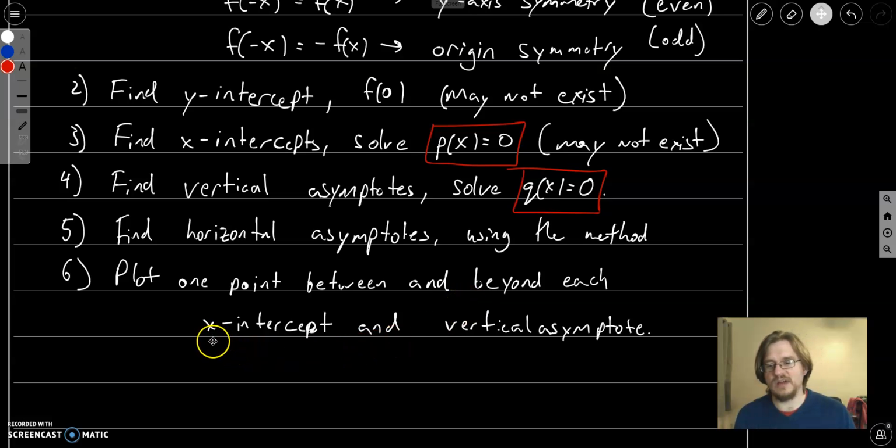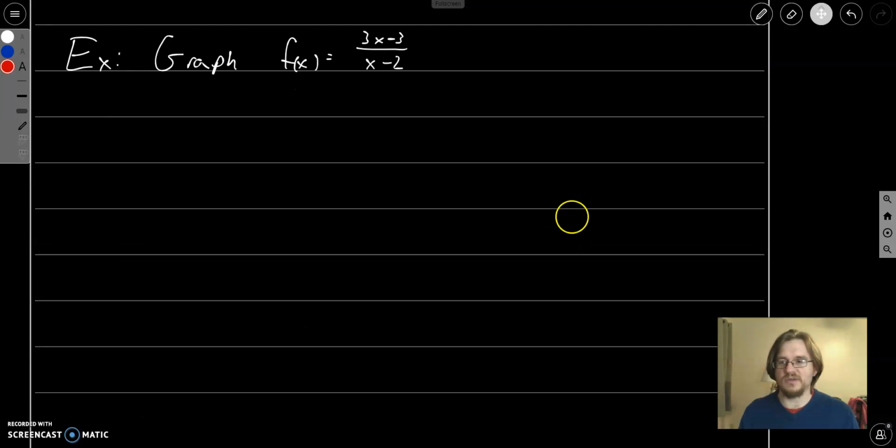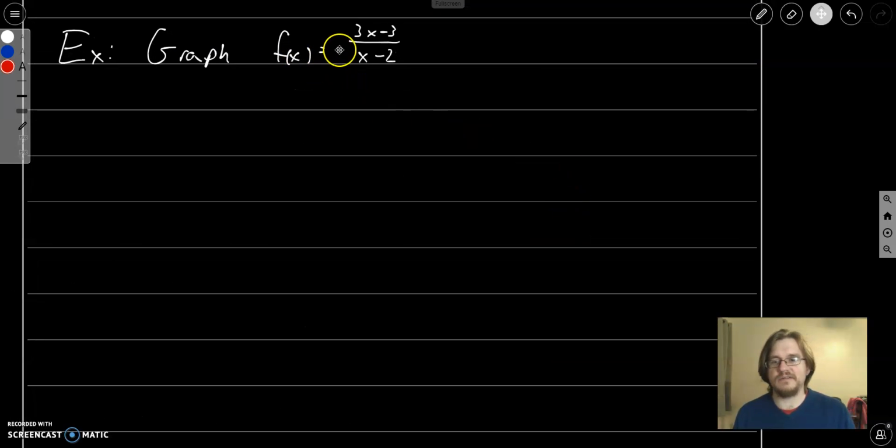So we could plot one point in between all of the x-intercepts and vertical asymptotes. This will give us enough information to be able to plot the graph well. So let's go through an example. Let's graph f of x equals 3x minus 3 divided by x minus 2.